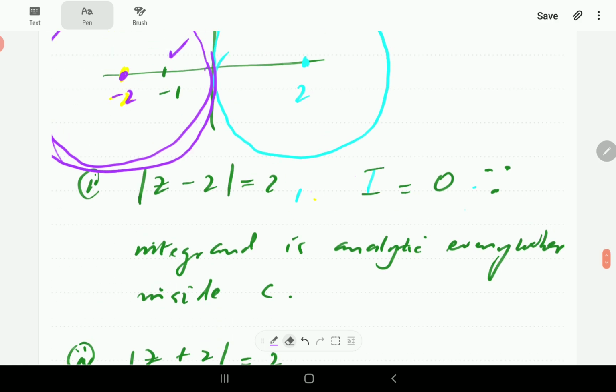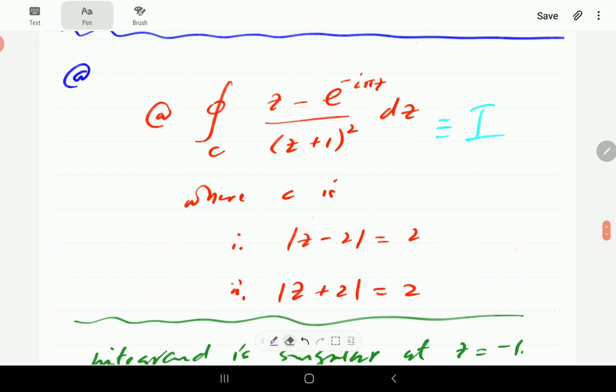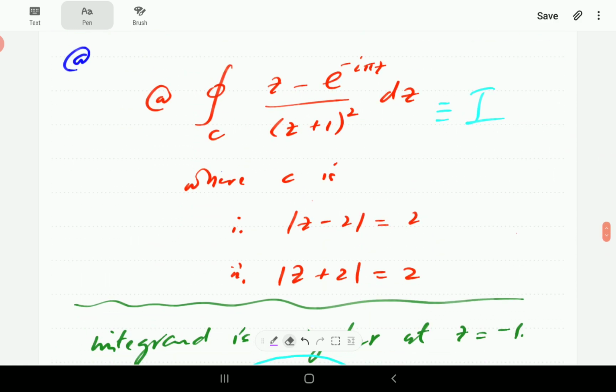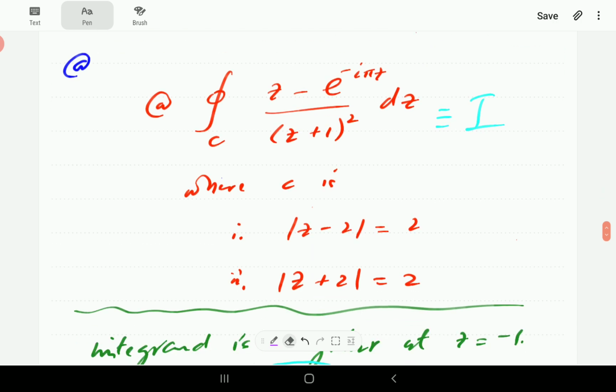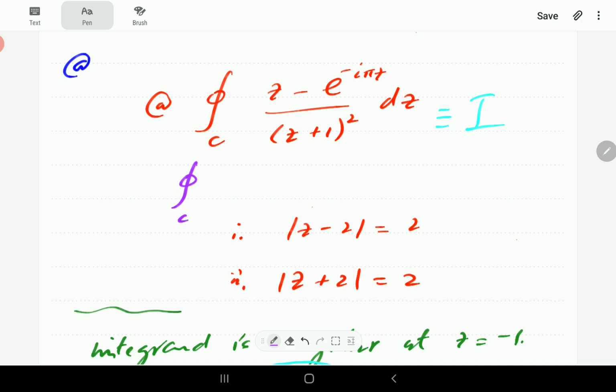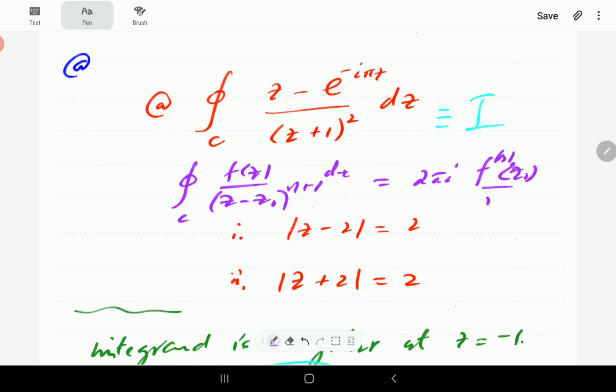Maybe let me write it here. So that one says the integral of f of z over z minus z naught to the power n plus 1 dz is 2 pi i, the nth order derivative of f at z naught, over n factorial.